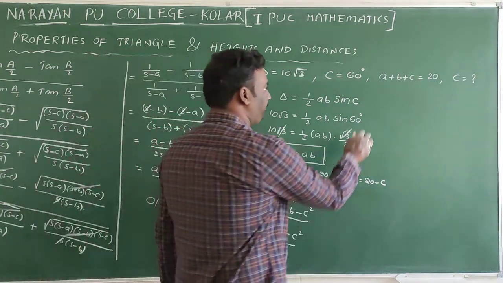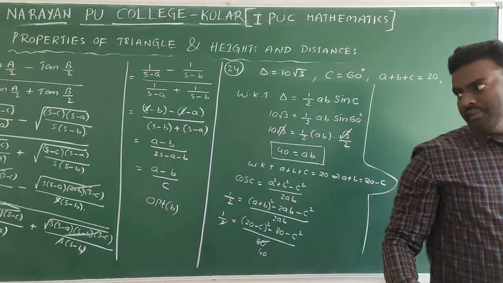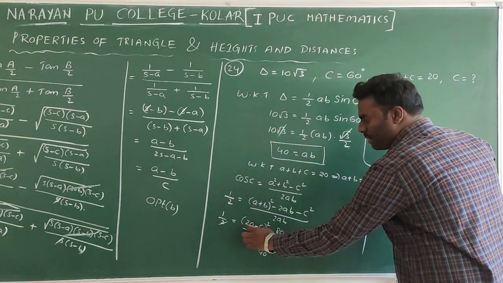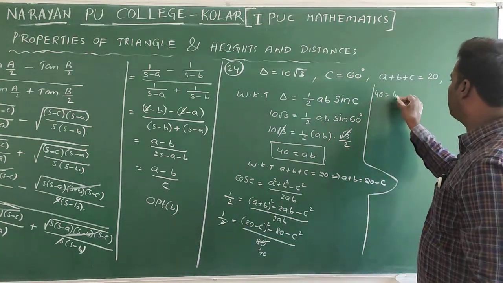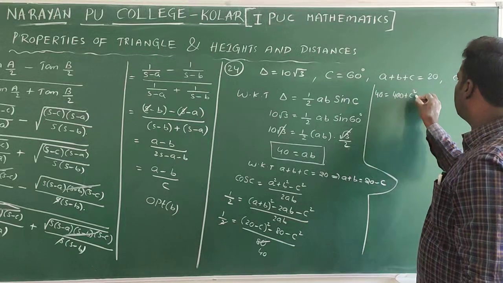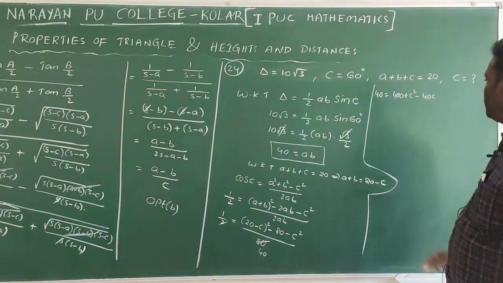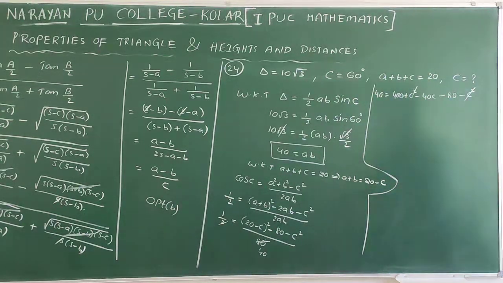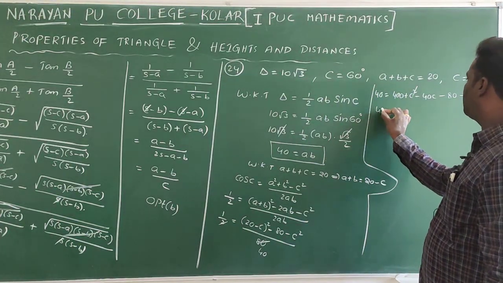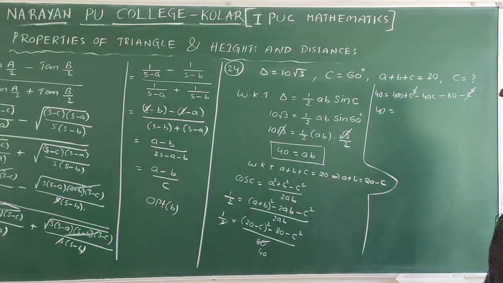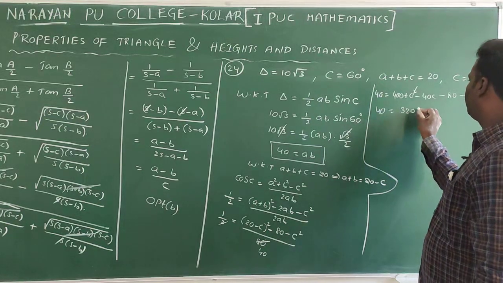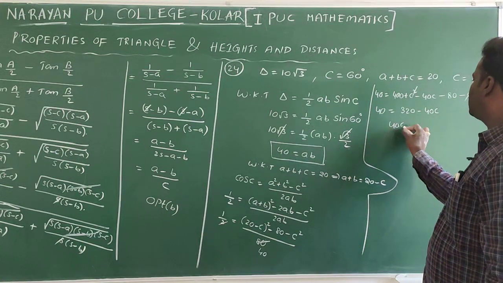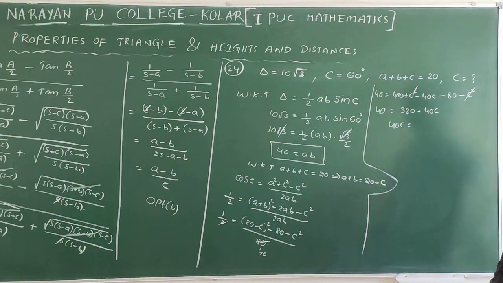Cross multiply. If you cross multiply, 40 into 1 equals 40. Now it is in the form of (a plus b) whole square: 20 square plus b square minus 2ab, minus 80, minus c square plus c square gets cancelled. 40 equals 400 minus 80, that is nothing but 320, minus 40c. Now if you send this to the other side, 40c is equal to 320 minus 40, that is nothing but 280.